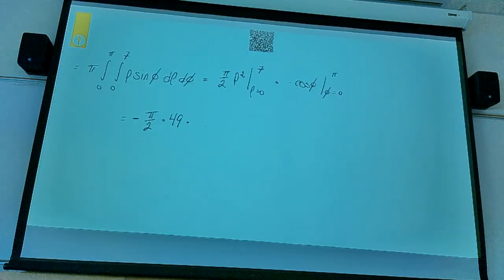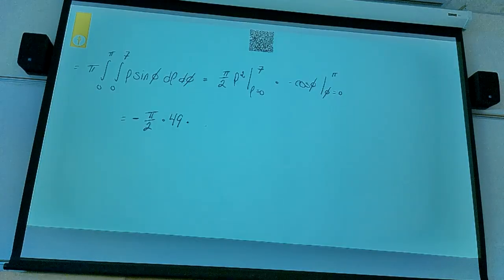It's negative 1. What's cosine of 0? That evaluates out to negative 2.